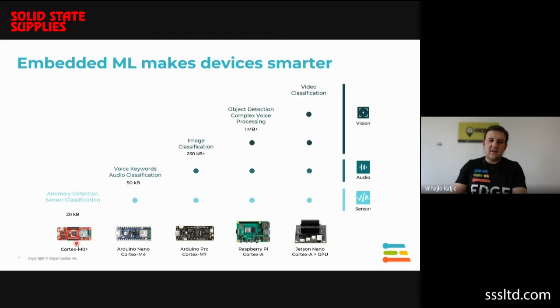For anomaly detection and sensor classification, you can do that already on an ARM Cortex M0+. If you want to do some voice and keyword detection, you probably need a little more power, which is the M4, and so on.